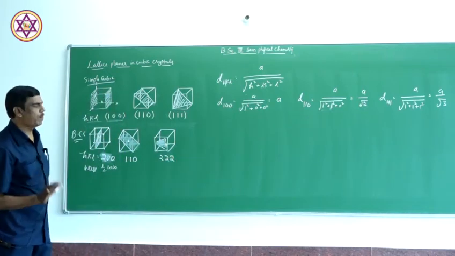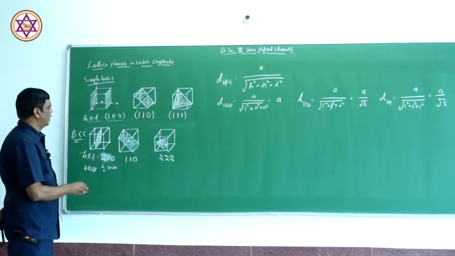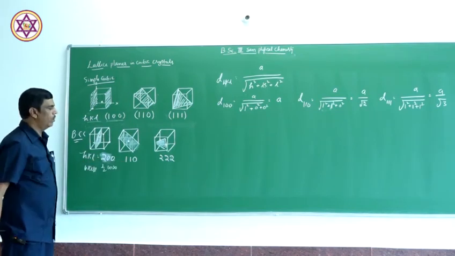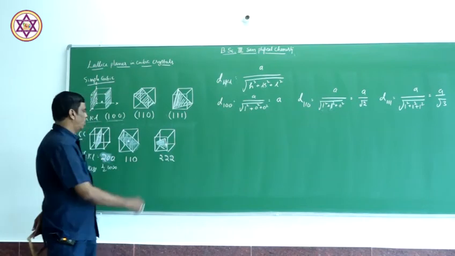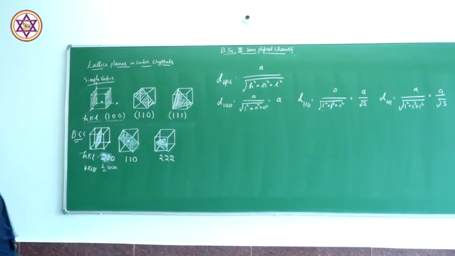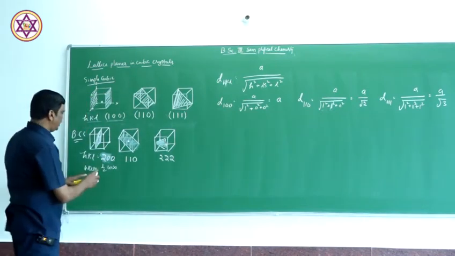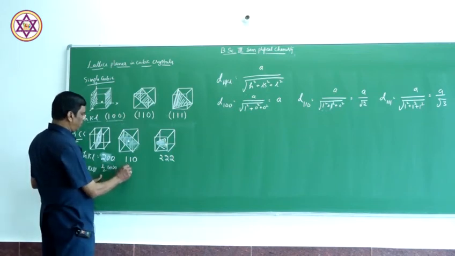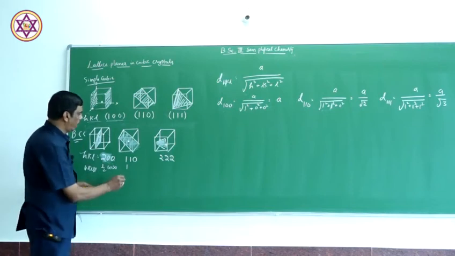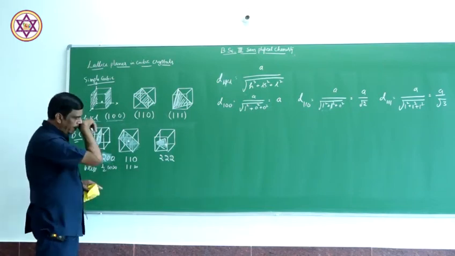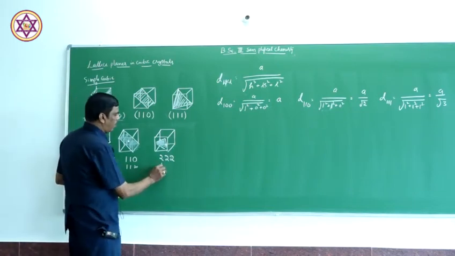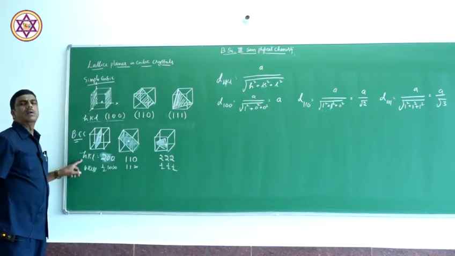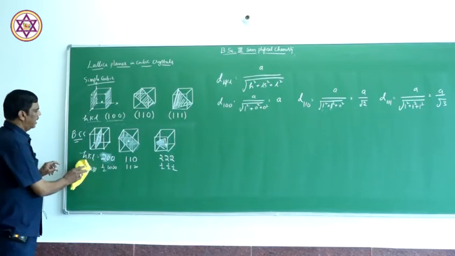So, 3 planes are possible in 3 different directions: the 2 0 0 plane, the 1 1 0 plane, and the 2 2 2 plane. Here the intercepts are half, infinity, infinity; in this case 1, 1, infinity; and here half, half, half. The reciprocal of these intercepts gives the Miller indices.